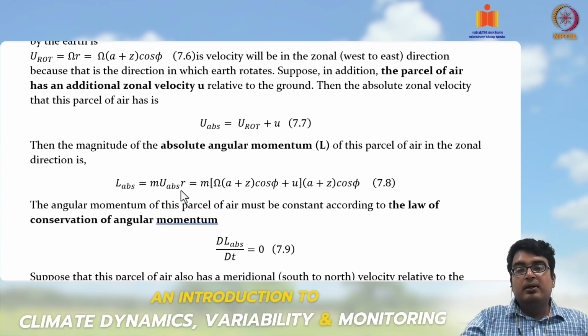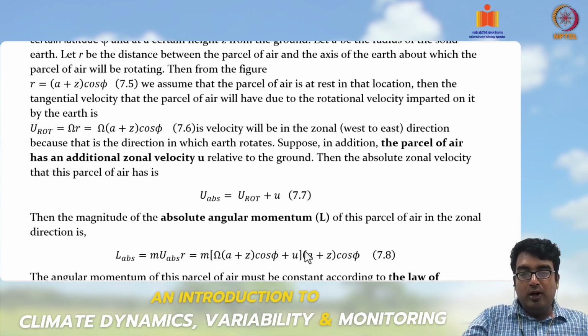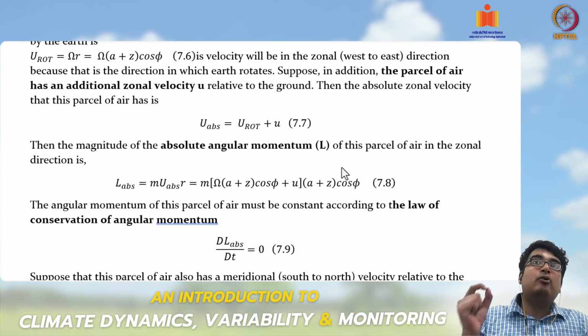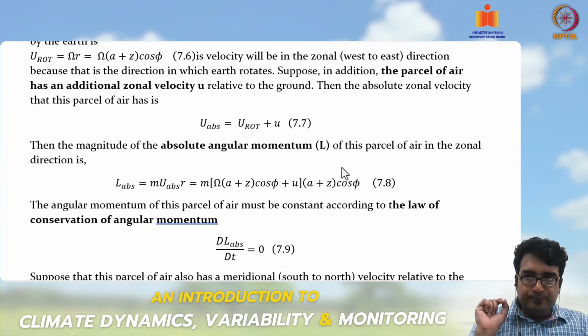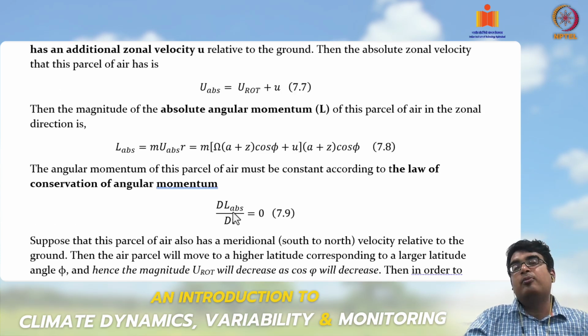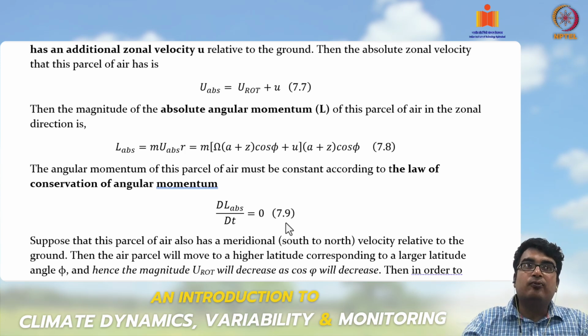So the mass, and u absolute is u rotation plus small u, where u rotation is omega (a plus z) cos phi, and r is (a plus z) cos phi. This is the absolute angular momentum, and this absolute angular momentum is conserved by the law of conservation of angular momentum. So the total derivative of absolute angular momentum in the zonal direction with respect to time is equal to 0.